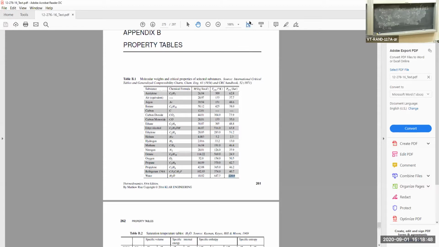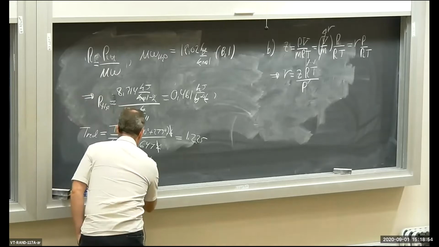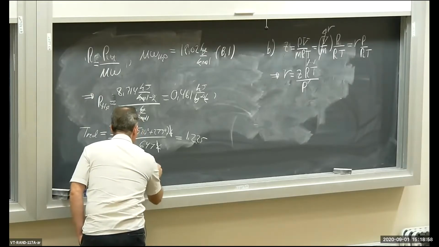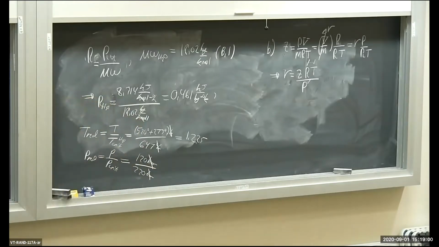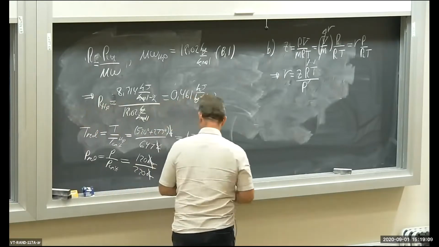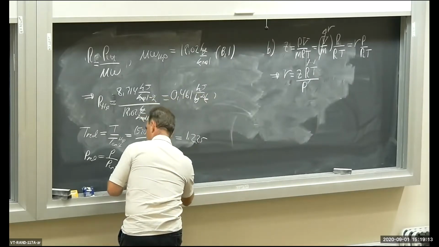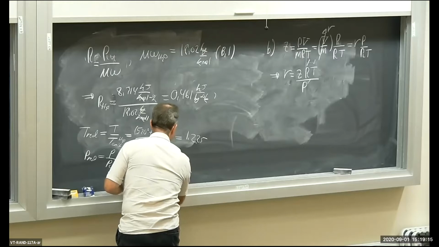So I'm just going to put 220 down there. Bars cancel out. Reduced pressure is dimensionless. And I get 120 divided by 220, 0.54. Actually, 0.55.